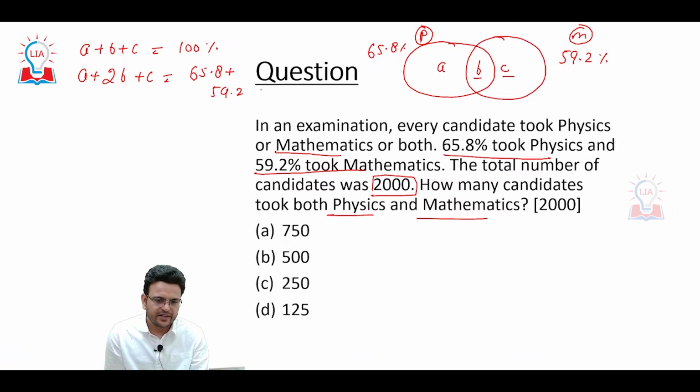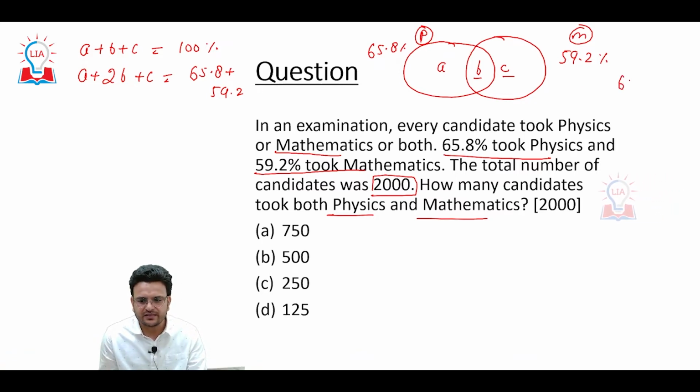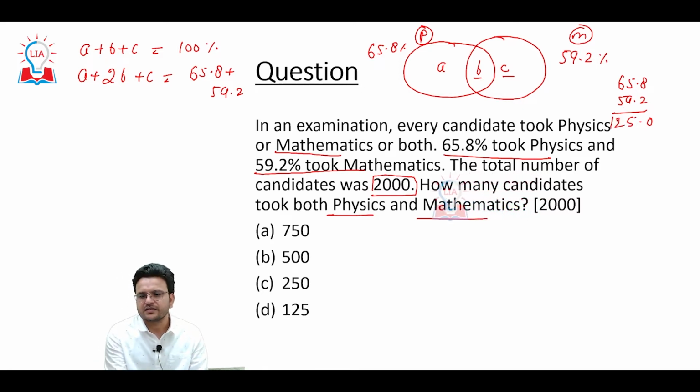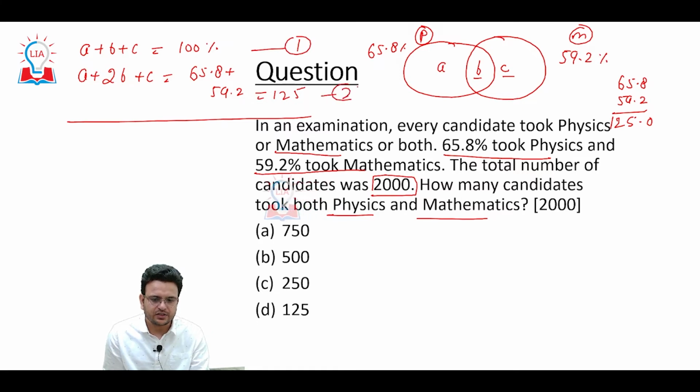If we add both the values, 65.8 and 59.2, it becomes 125. So this is equation 1 and this is equation 2.